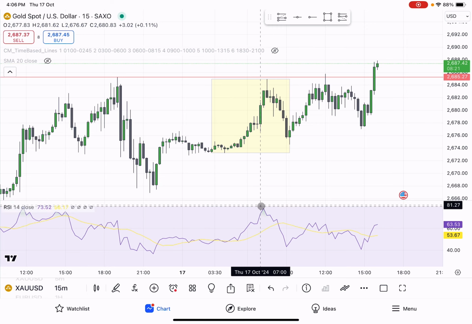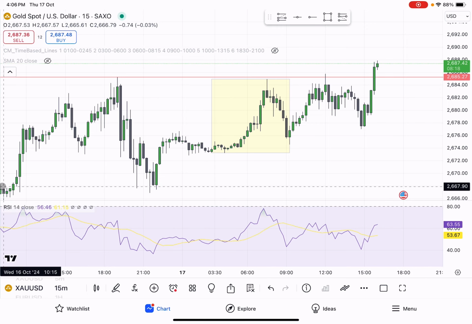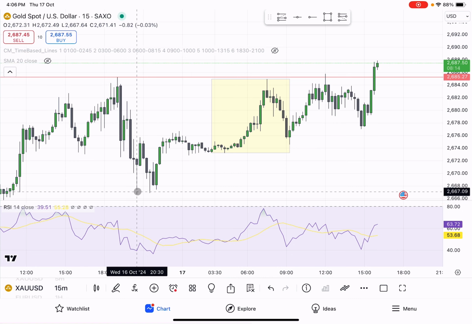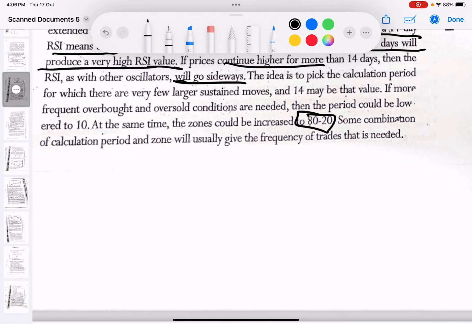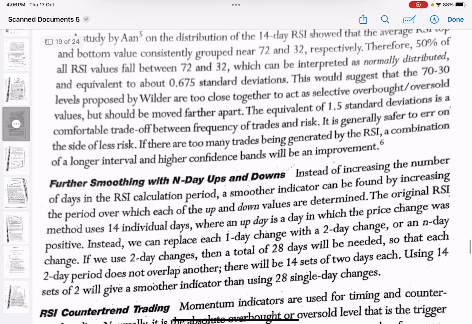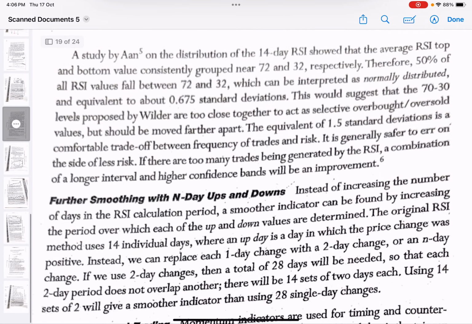See, in this case here it didn't go above it. So it's all on you how you want to customize it. Sometimes people use 80-20, sometimes people use 70-30. So it's up to you what works for you. Make sure that you backtest and see what works for you and for your time frame.